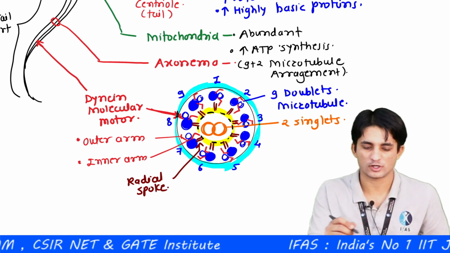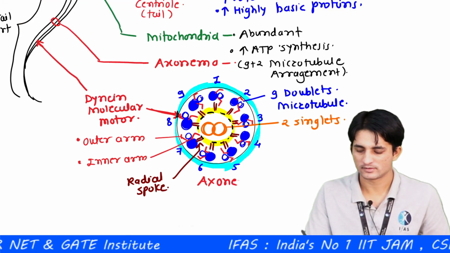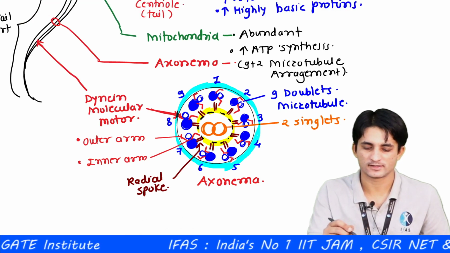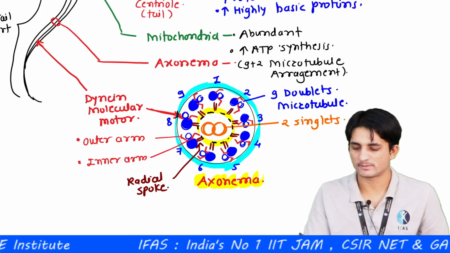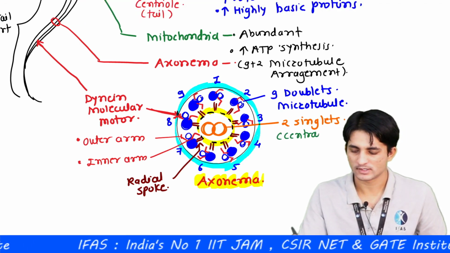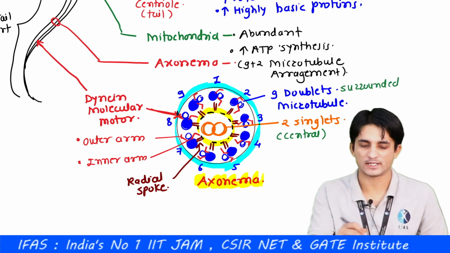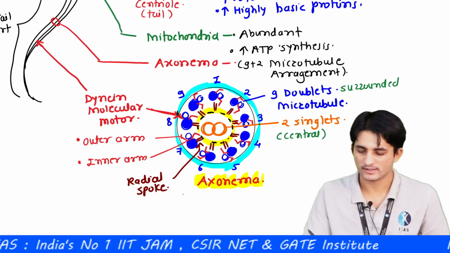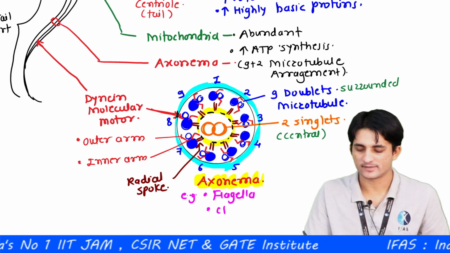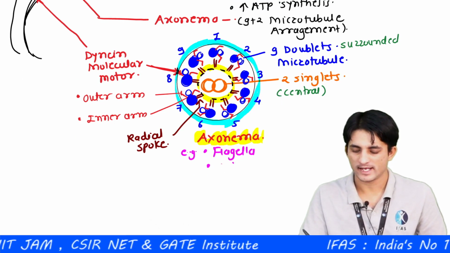This is the structure of the axonema, having a 9 plus 2 arrangement: 9 doublets present on the outside, and 2 singlets present in the center. This axonema is present, for example, in the flagella and the cilia. So flagella and cilia contain the axonema structure.